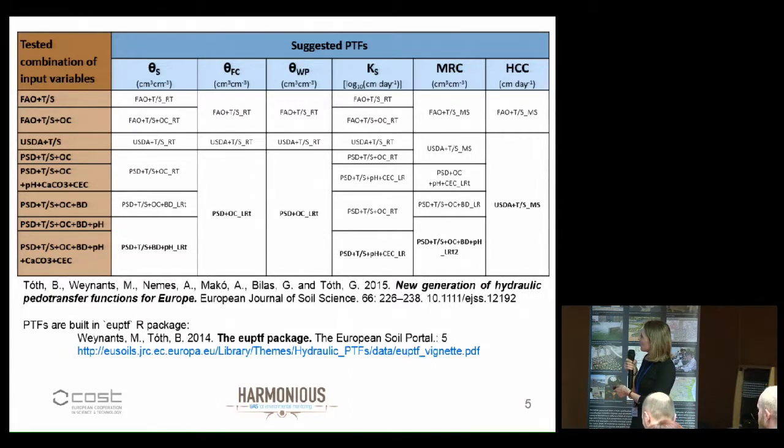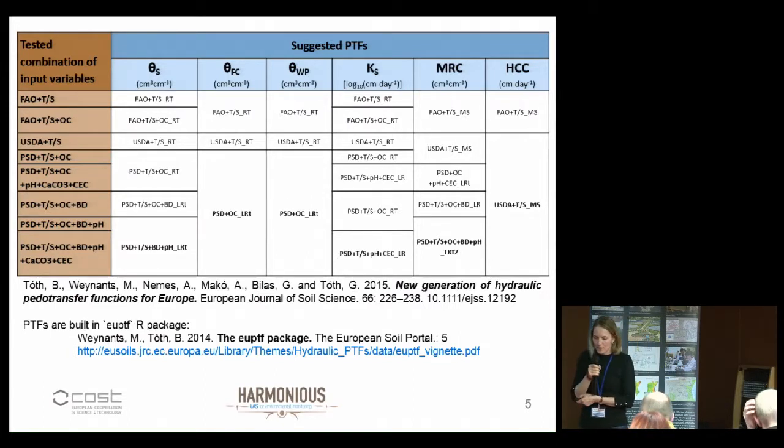And one more important thing to mention: here you can see that LR means that linear regression was used to derive the predictions most of the time. We also tested regression trees, and MS means the class pedotransfer function.